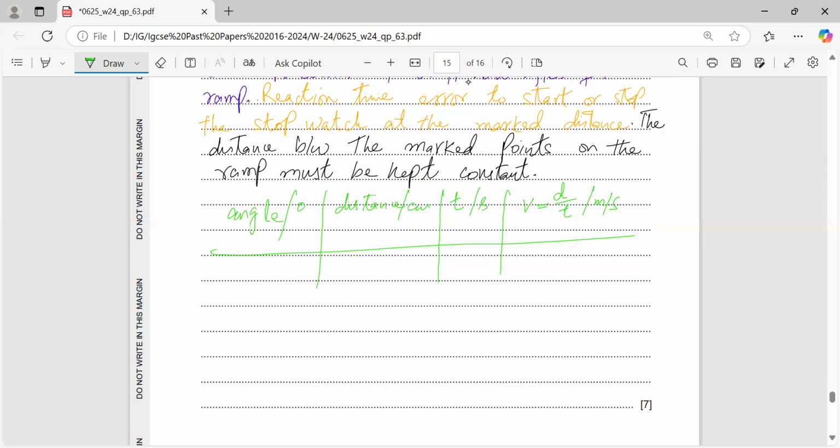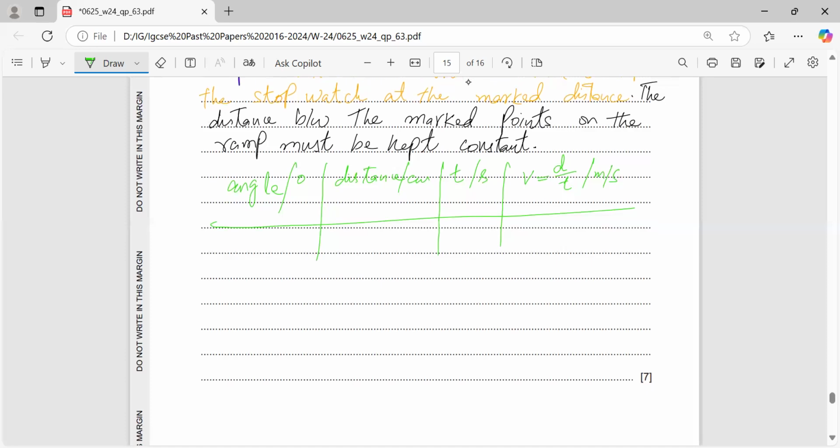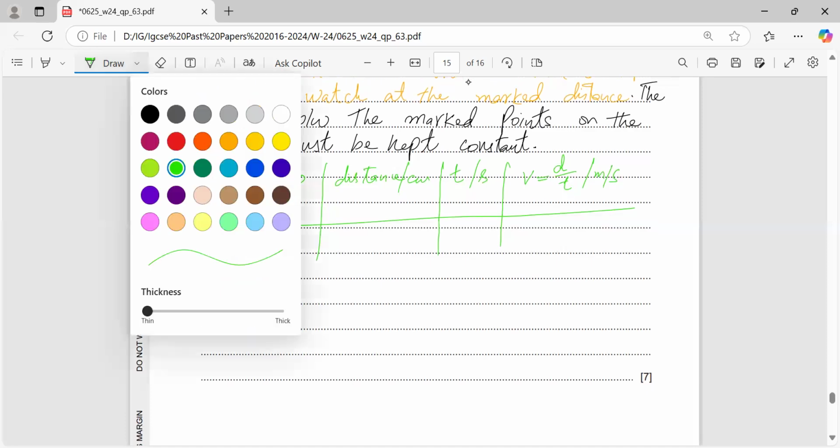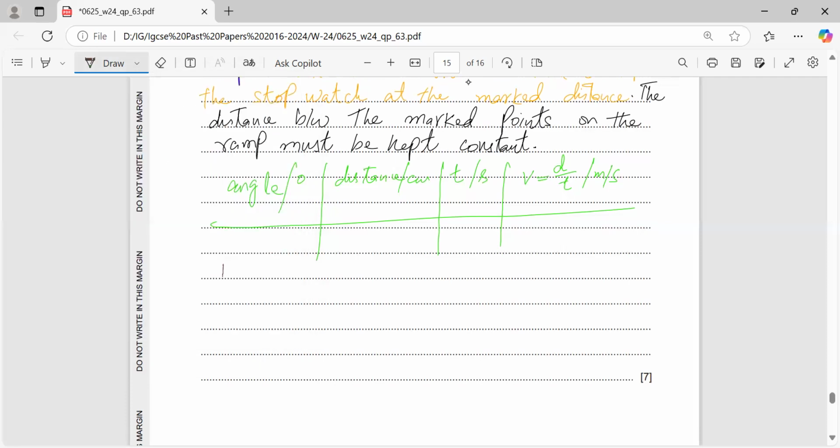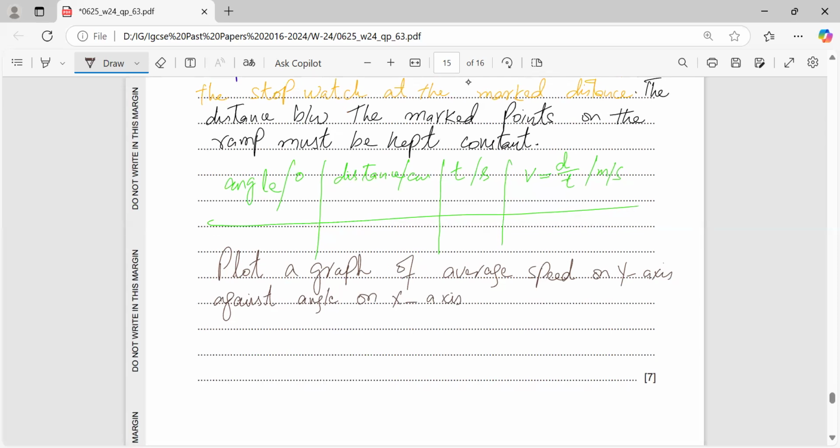Now, of course, the next one will be how to reach a conclusion. For that purpose, dear friends, plot a graph of average speed on the y-axis against angle on the x-axis.